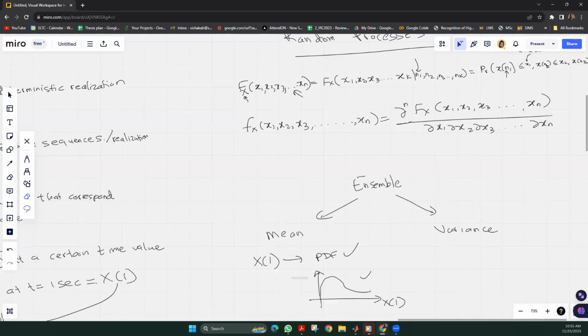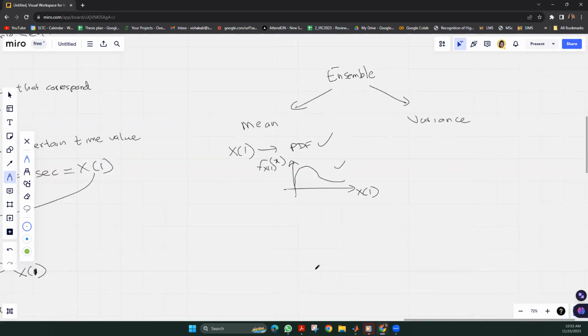Once you know this function, it's very easy to find the expectation value. The expectation value is basically taking the integration of this PDF function with x.